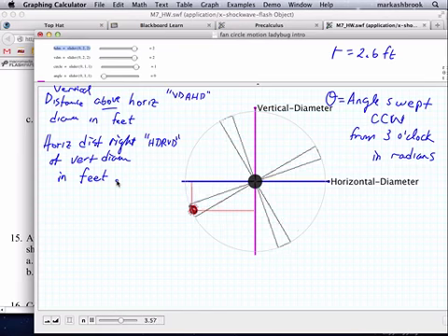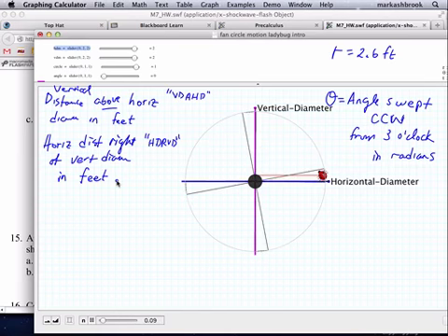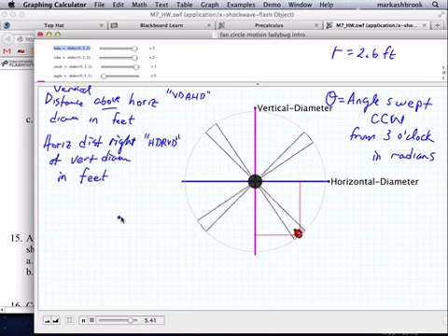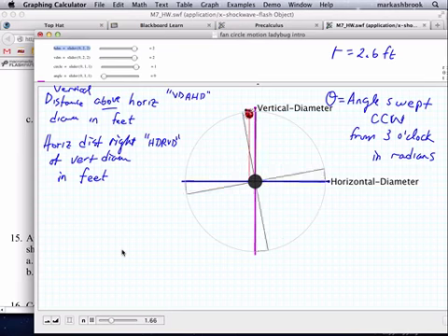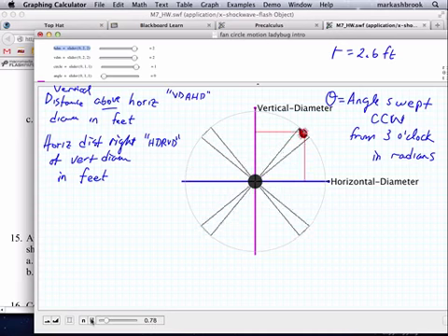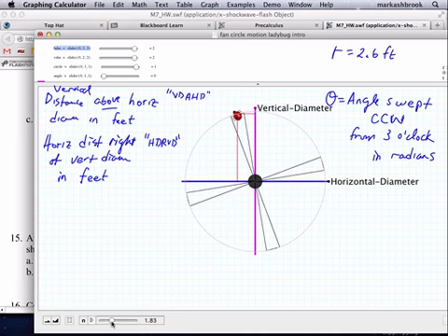What's the lowest value that second quantity can attain as the bug is moving around? Where will that occur? So tell me an angle. How about an angle? Where will that occur? The lowest value of that horizontal distance.